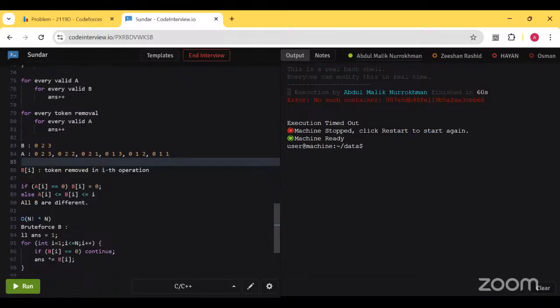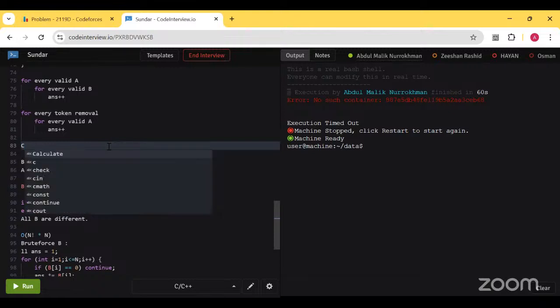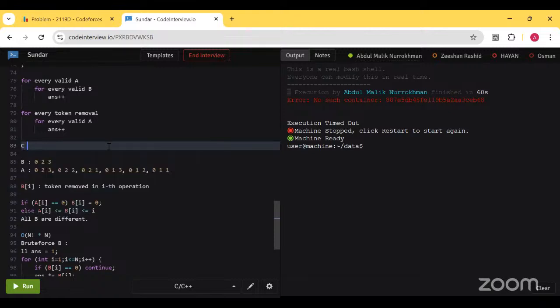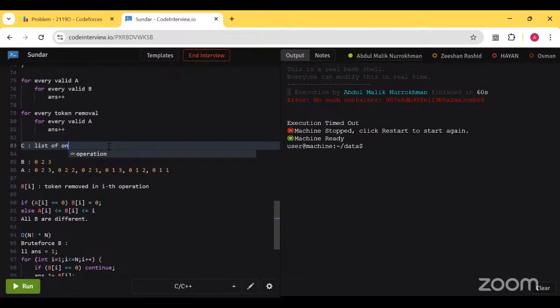You know, there are 2 types of value. Either both of them are 0 or both of them are non-zero, right? Then what if initially we choose which indices are non-zero? For example, C is the list of non-zero indices.